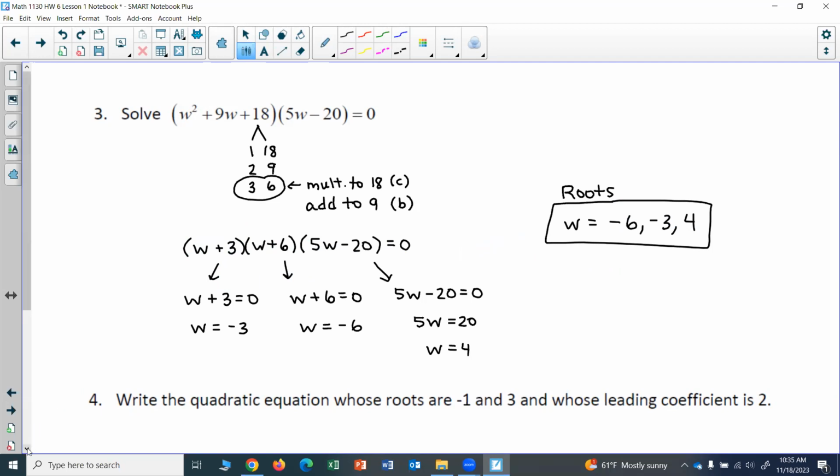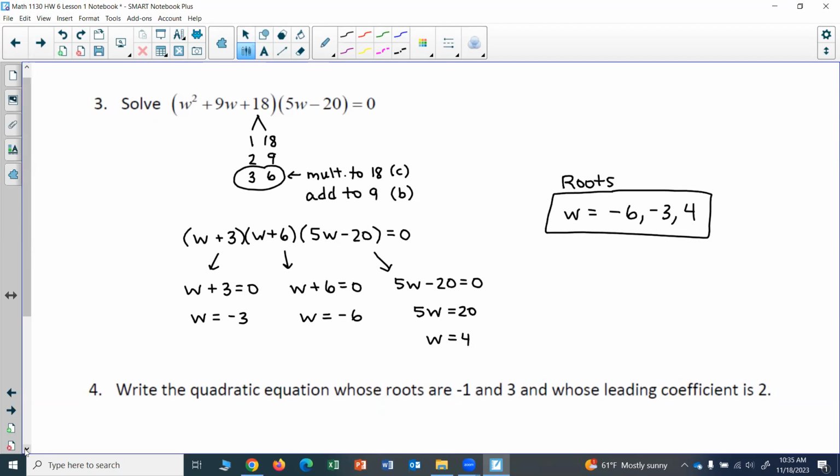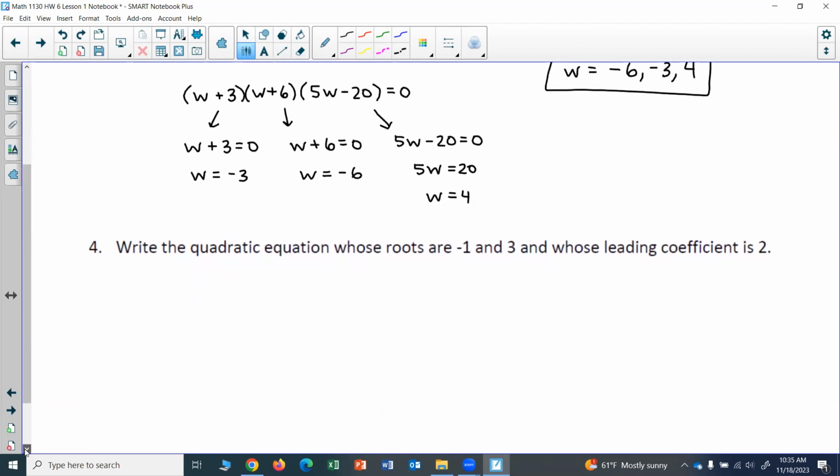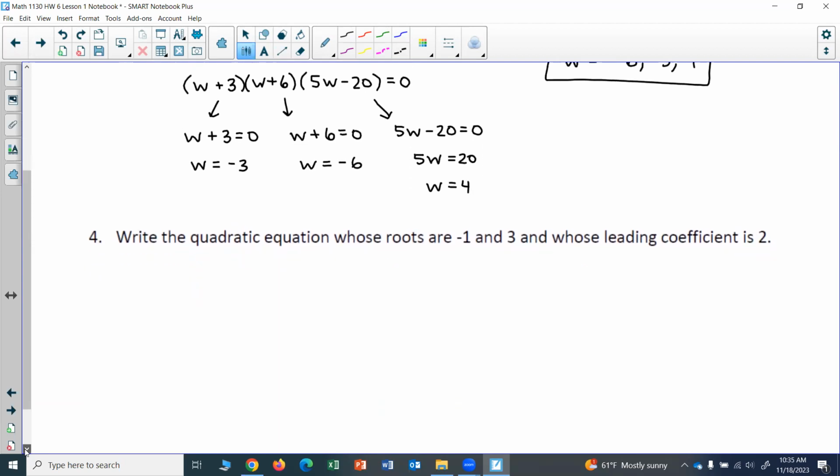All right, now let's take this concept and apply it to what we would do if we were given the roots and a leading coefficient, and we were asked to find an equation with those roots. So I'm going to use the zero factor property in reverse. So if the roots are negative 1 and 3, then I know that x would be equal to negative 1, and x would be equal to 3 would be my solutions.